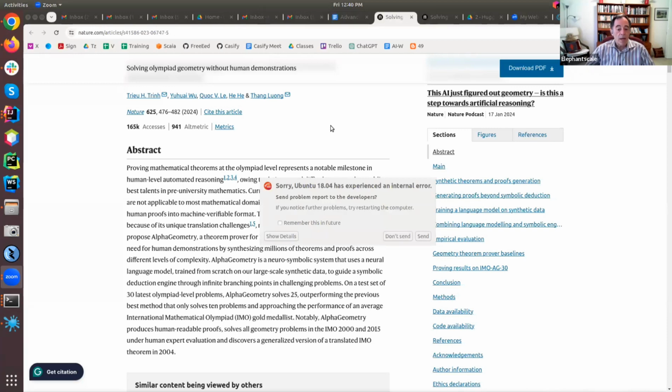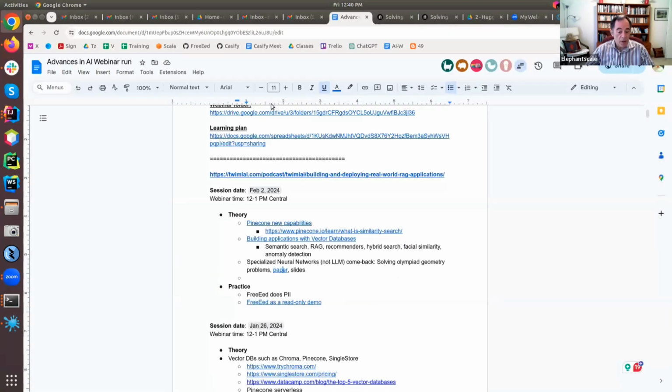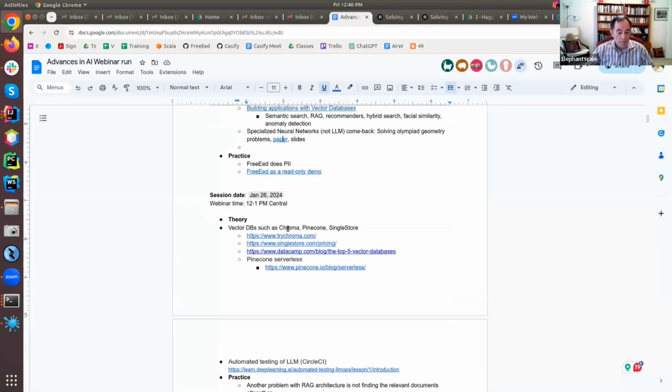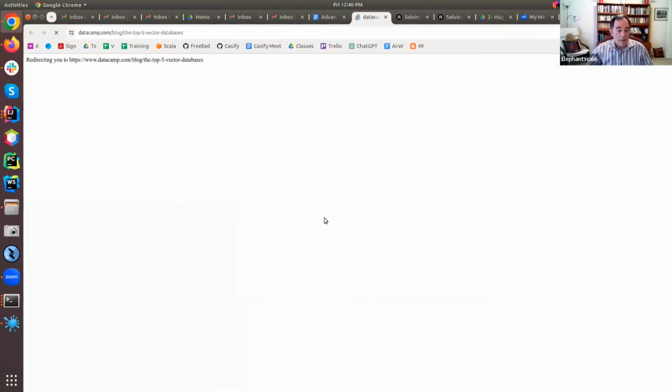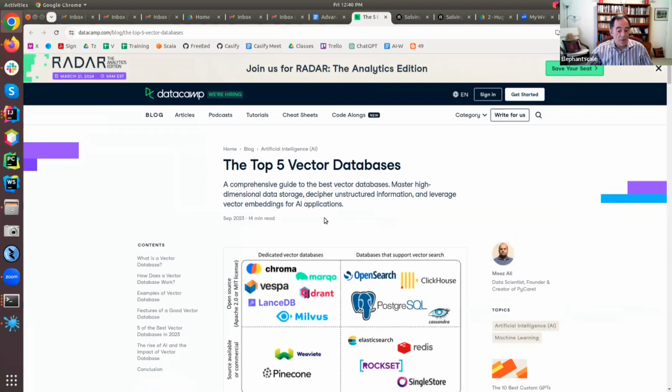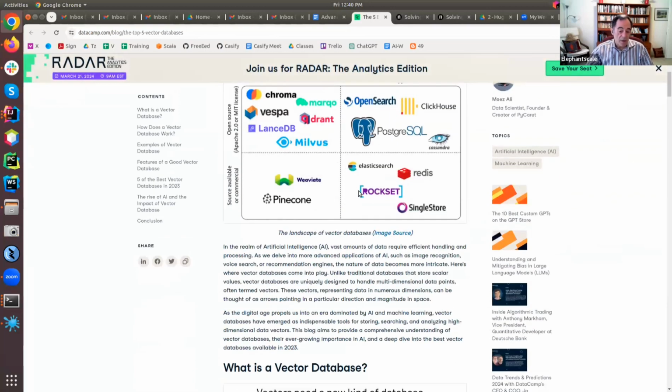Mute. Okay. So last time we spoke about this, it was here, the comparison of different databases, and that was the article that compared them. I apologize that I didn't go into more detail about that, but I'm looking for volunteers. It's right here. It says 5 best vector databases, and then creates a graph.